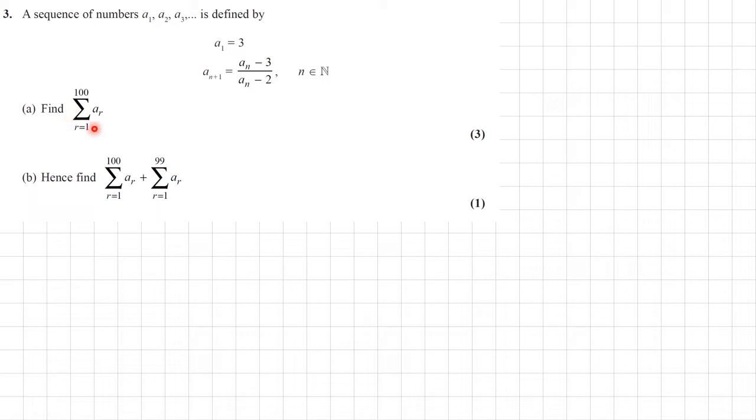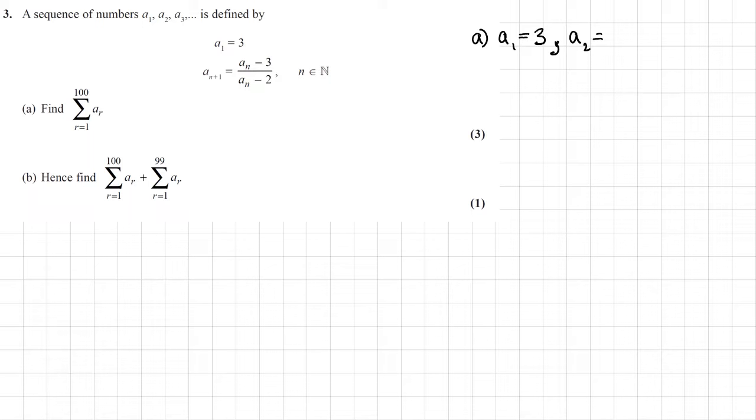We're not going to write out all 100 terms and find the sum. What we are going to do is start by writing out maybe the first few terms and then see if there's a pattern which allows us then to work out what the sum of those 100 terms is. So we already know that the first term, A1 or A sub 1, is 3. We're now going to work out the second term.